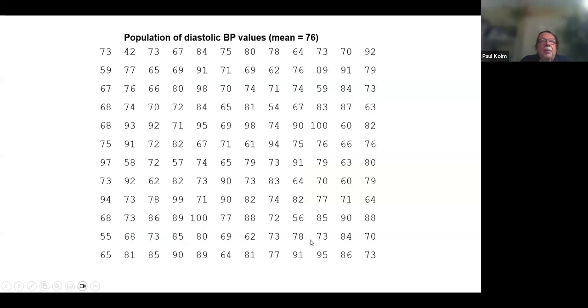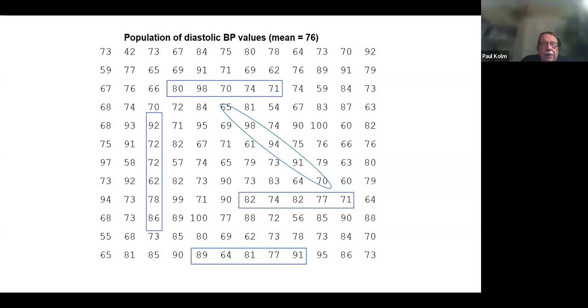So let me give you an example here of diastolic blood pressures. I have 144 here. It's small, but we'll call it our population. From a frequentist standpoint, we're going to draw random samples of size 5 from this population of blood pressure values.